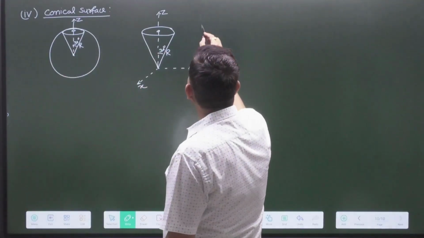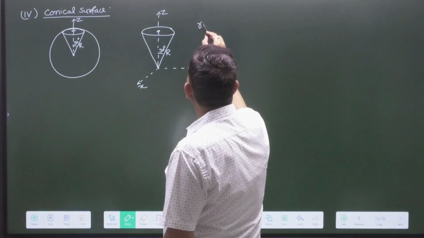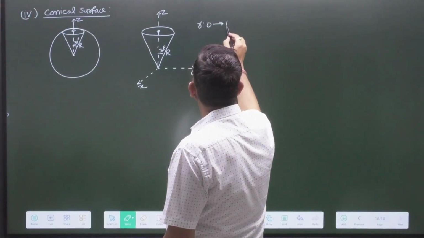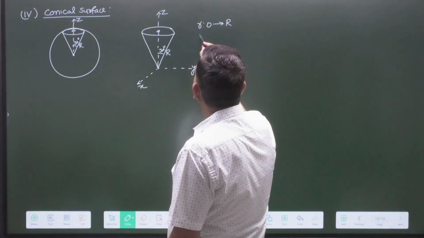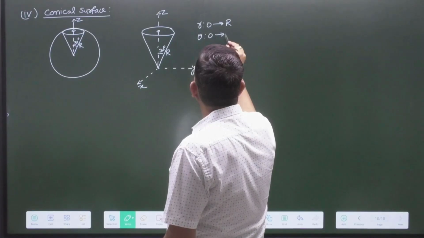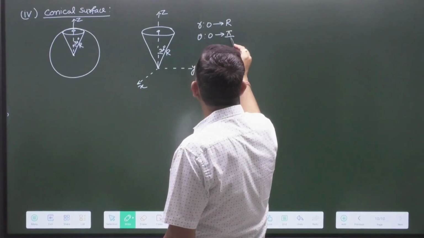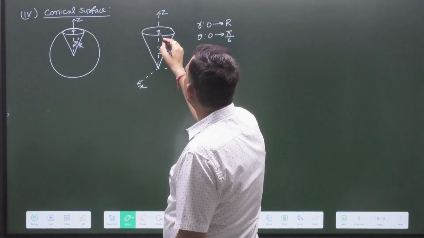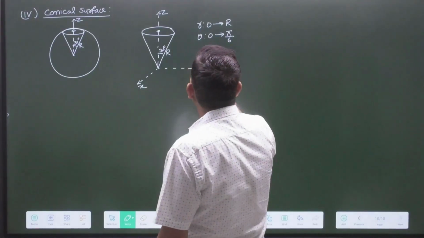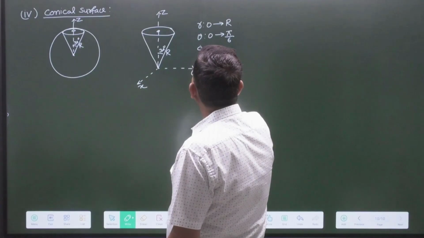So in this case, r can vary from 0 to r. Theta can vary from pi by 6, 30 degree. Theta can vary from this point to this point only. And what about phi?